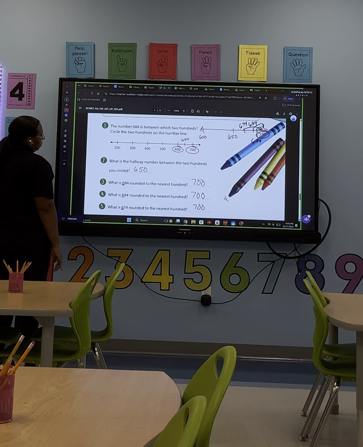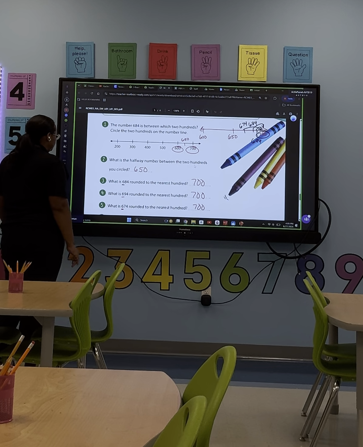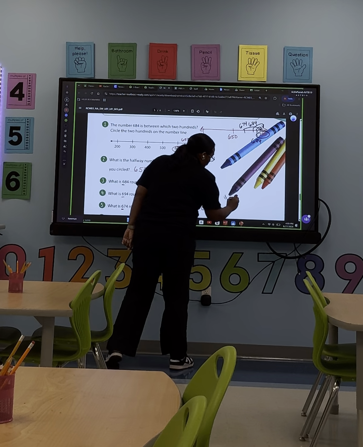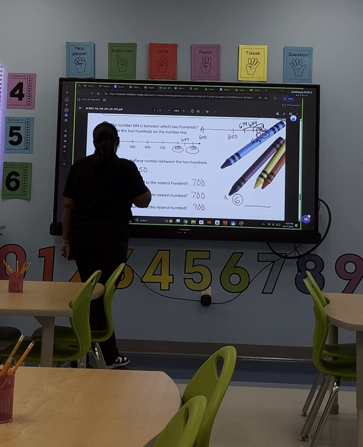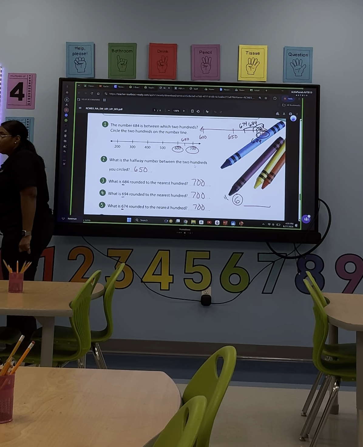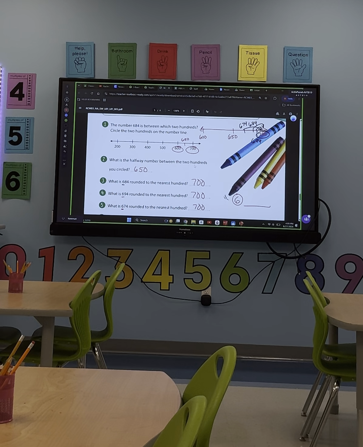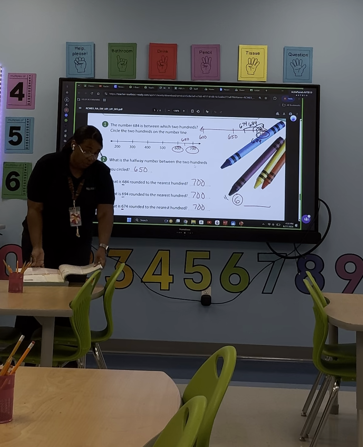Or I'm just going to write it on the side right here. I'm just going to put number 6 right here, guys. Okay, so number 6 says, let me grab my book right quick so that I can see. Number 6 says, what is 624 rounded to the nearest hundred?